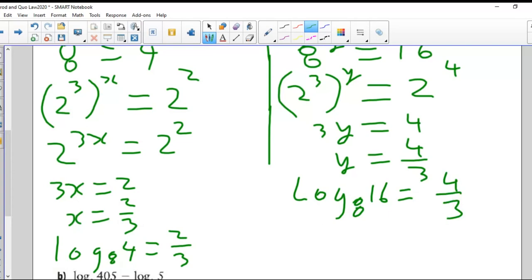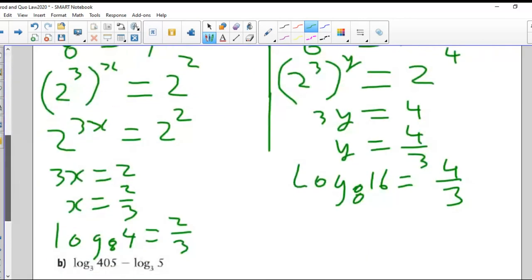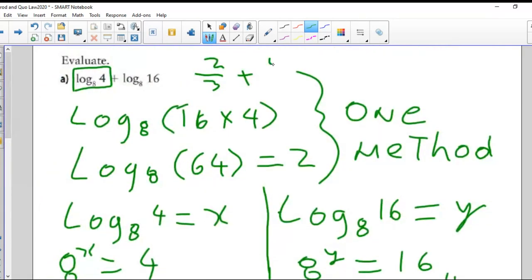Now let me take you back to the question. The question said, add together log base 8 of 4, which we said was 2 over 3, plus the log base 8 of 16, which we said was 4 over 3. So let's add these two together.